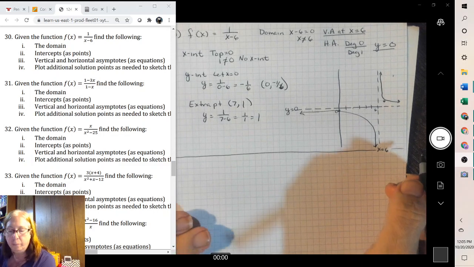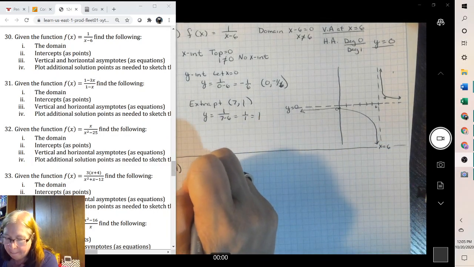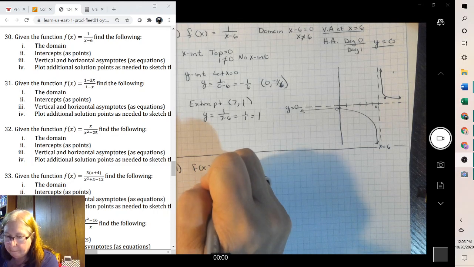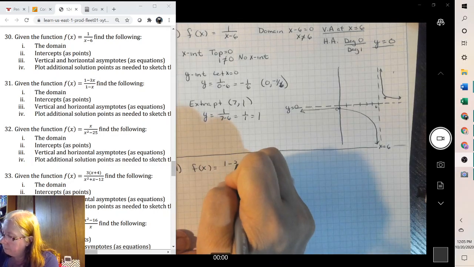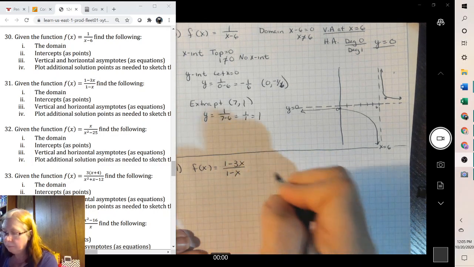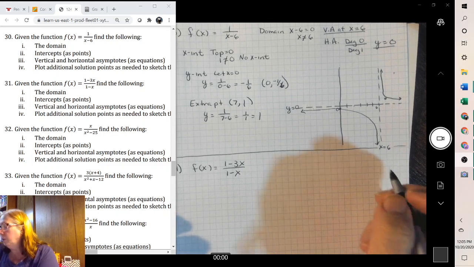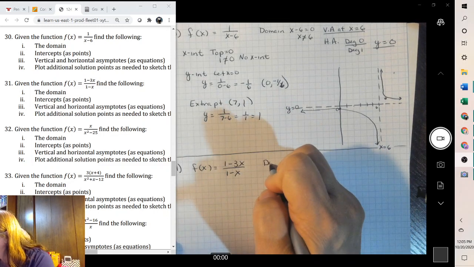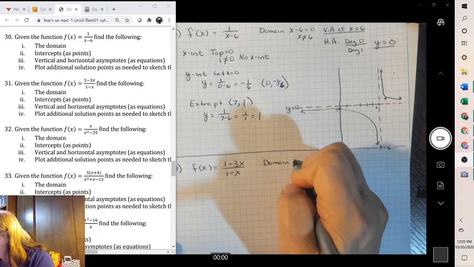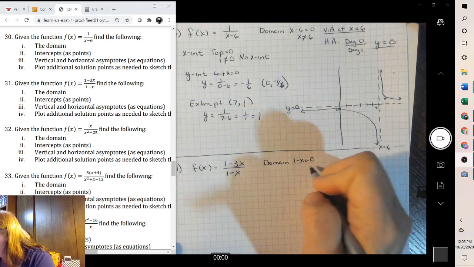Let's try number 31. So again, find the domain. Domain, 1 minus x equal to 0.